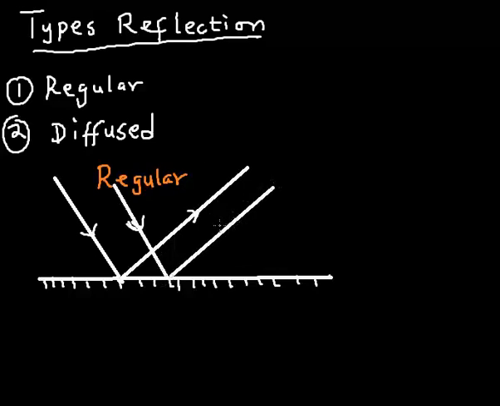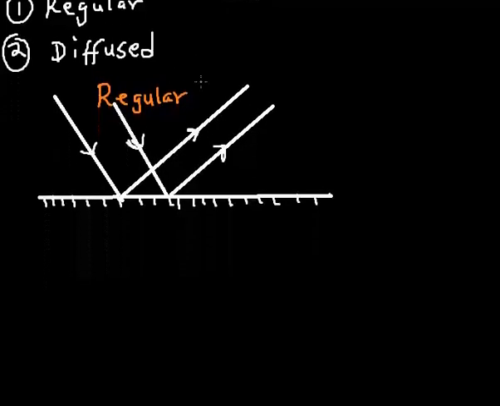That simply means that the reflected rays do not cross each other. Since the incidence is parallel, the reflected rays do not cross each other. So this is regular reflection. But what is different from a diffused reflection?